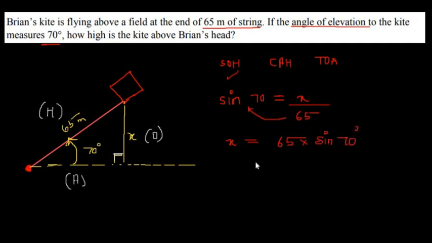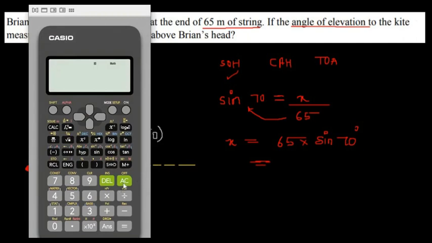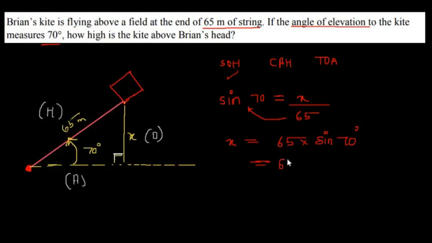Let me use the calculator here to see what answer we get. So we have 65 multiplied by sine of 70 degrees. We have it as 61.08.